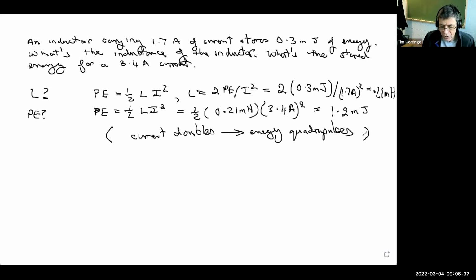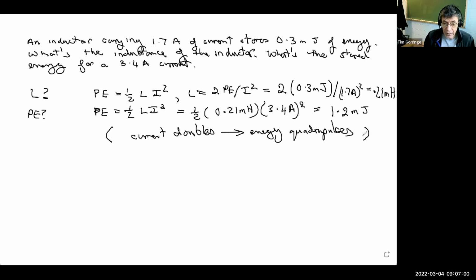Anyway, I wanted to work through that quick example to remind us that one way we think of inductors and capacitors in electrical circuits is as devices for storing energy.